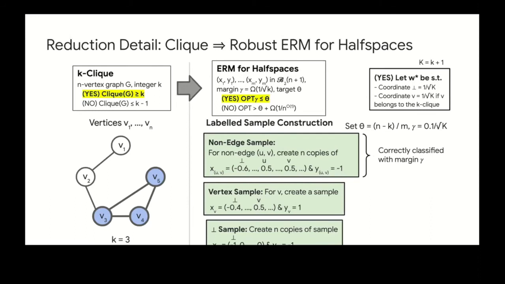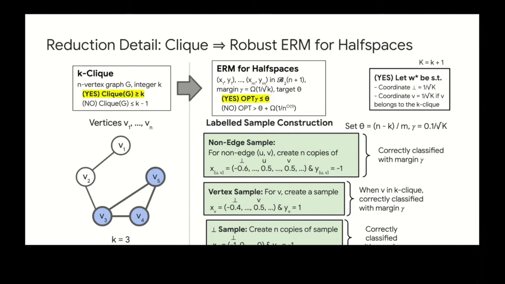For the non-edge sample, since we never pick both U and V when U and V is a non-edge, we will only have 0.5 over square root k from either U or V, but we will have minus 0.6 over square root k from the null coordinate. So indeed, we correctly classify this point with margin gamma. And the last sample, the null sample, is pretty obvious. We also correctly classify this point with margin gamma as well.